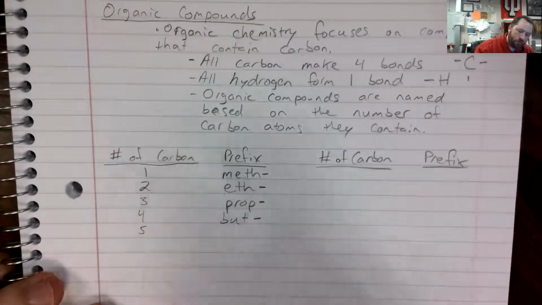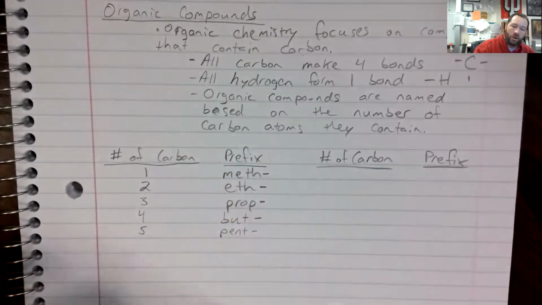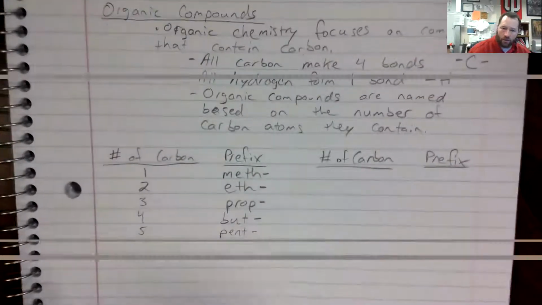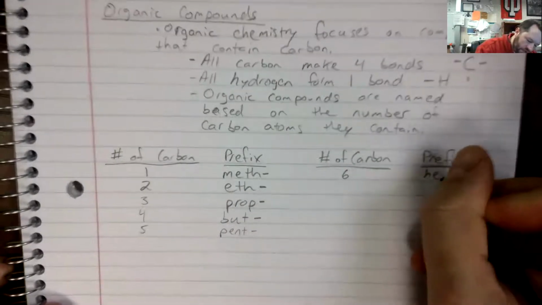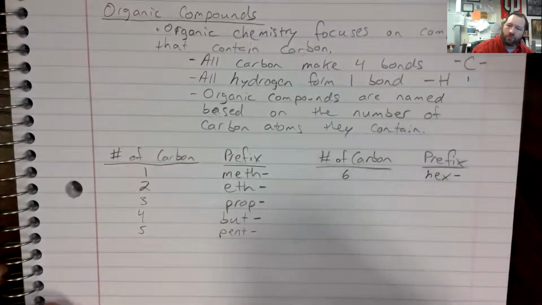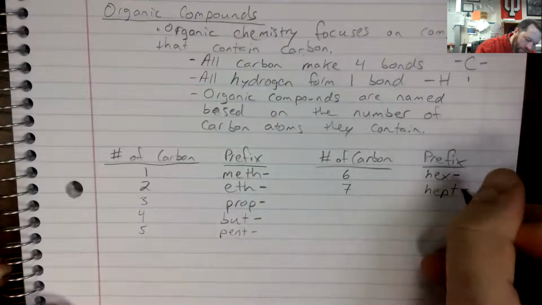All right, after number 4, these should start to look a little more familiar to you. We have pent, it's like a pentagon. I think we're all pretty familiar with 5. 6 carbons is hex. So again, I think we're all pretty familiar with a hexagon. 7 is hept.